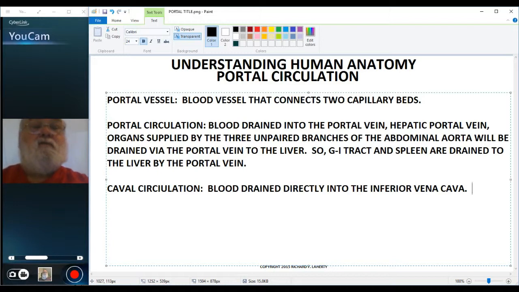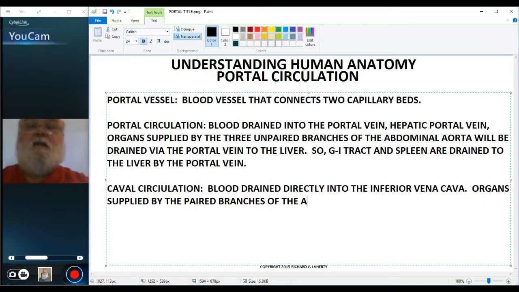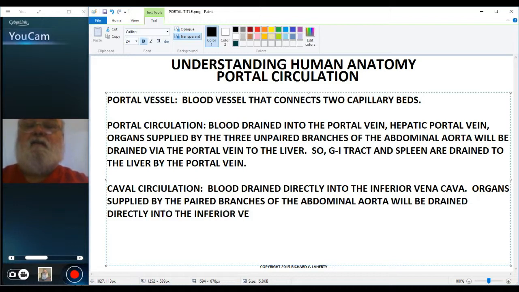So organs supplied by the paired branches of the abdominal aorta will be drained directly into the inferior vena cava.